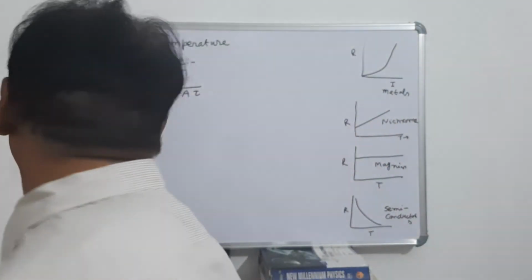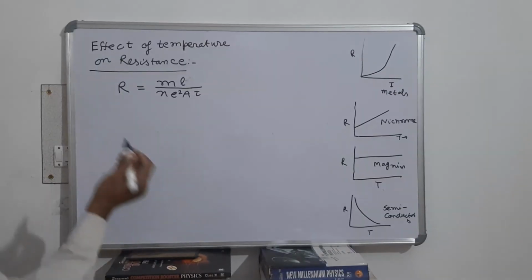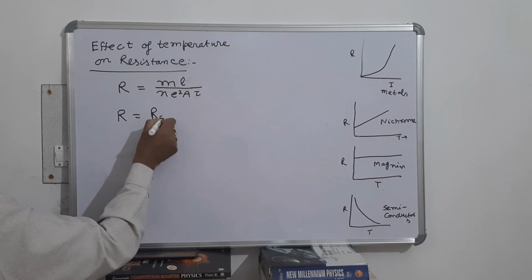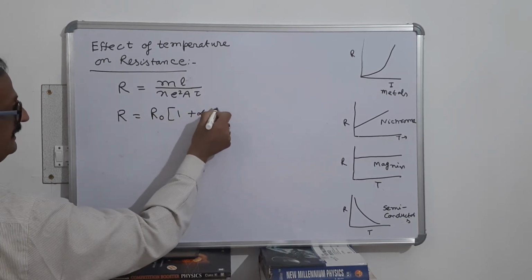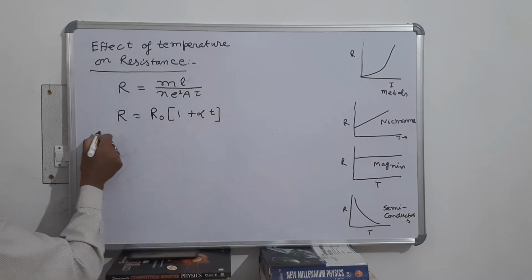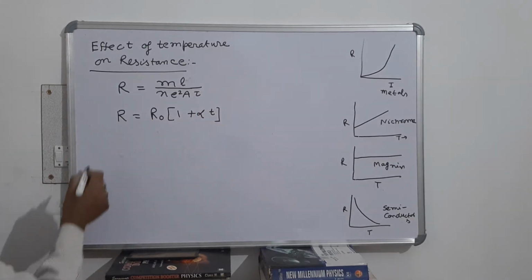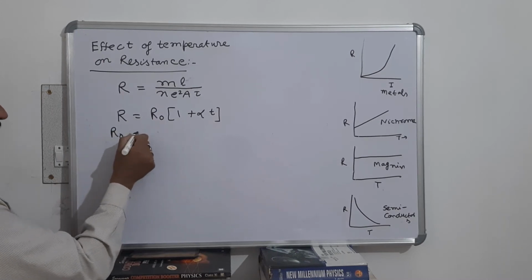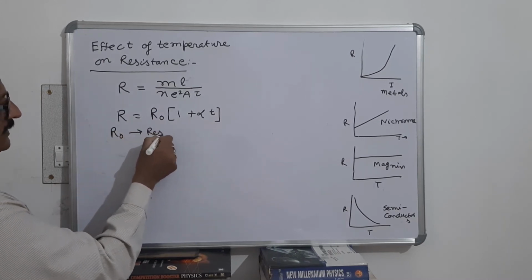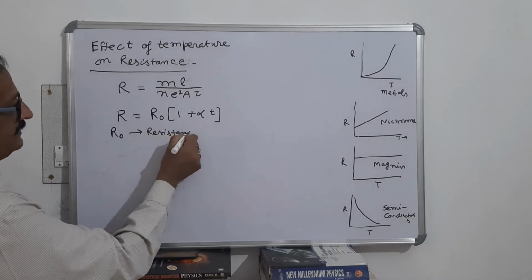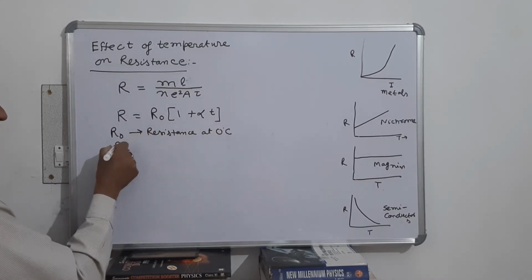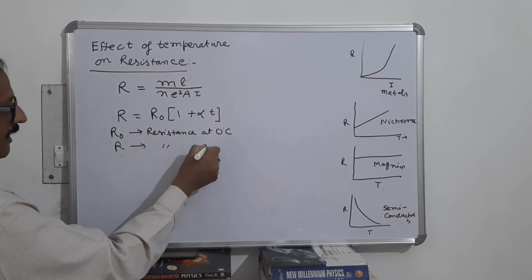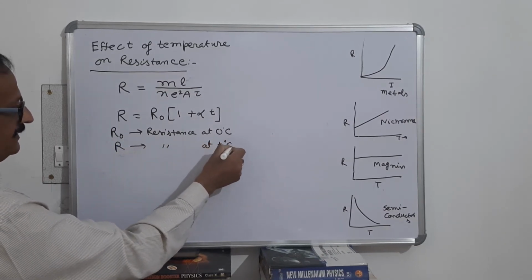And the relation between temperature and resistance is given by R is equal to R naught into 1 plus alpha T. Here R is the resistance at any temperature, R0 is the resistance at 0 degree centigrade, R is the resistance at T degree centigrade.